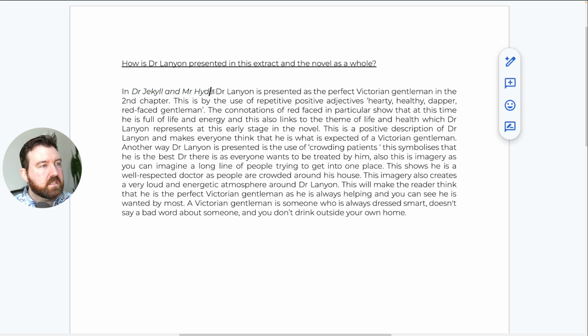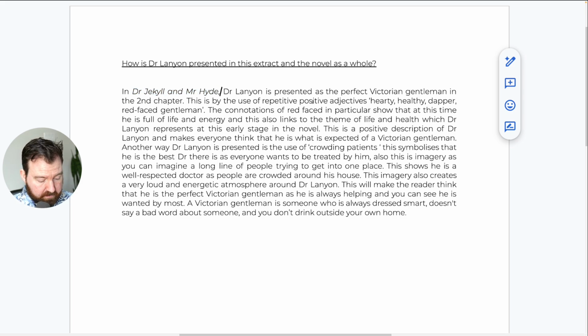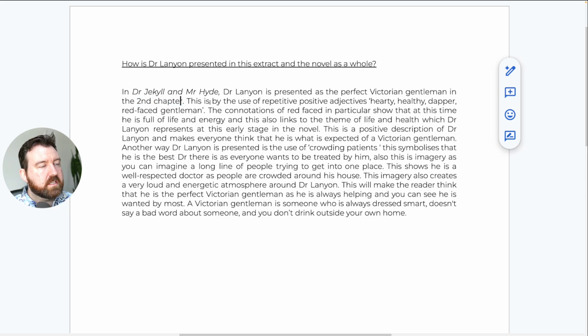Dr. Lanyon is presented as the perfect Victorian gentleman in the second chapter. So I'm guessing that's where the extract was, which is the first time we see Dr. Lanyon. This is by the use of repetitive positive adjectives: hearty, healthy, dapper, red-faced gentleman.